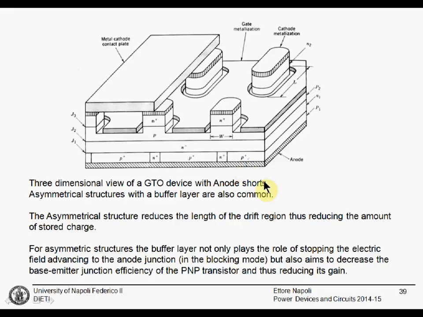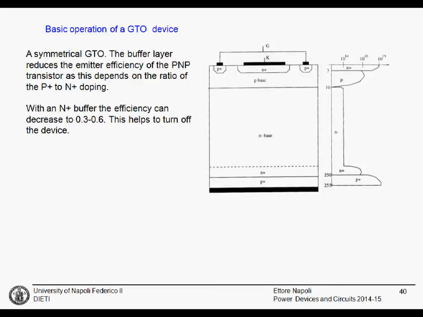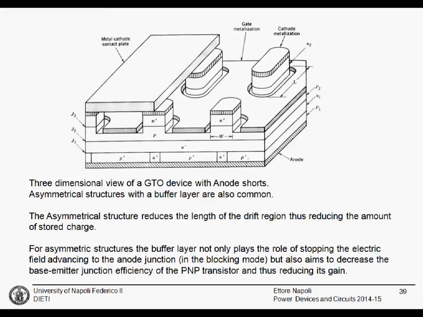The drift region will be shorter in this case, and will reduce the amount of stored charge. The buffer layer that we implement here can also be used to decrease the base to emitter junction efficiency and reduce its gain. This can be better explained here.